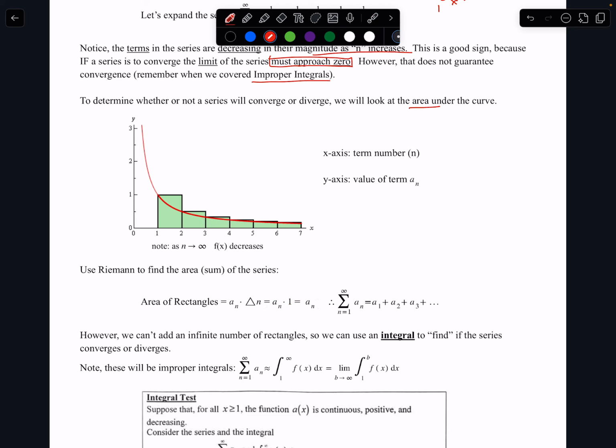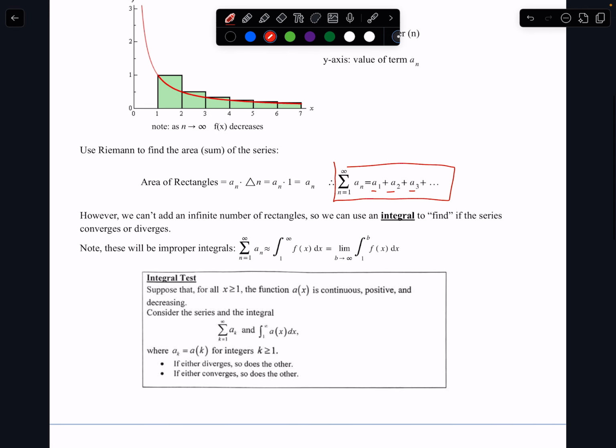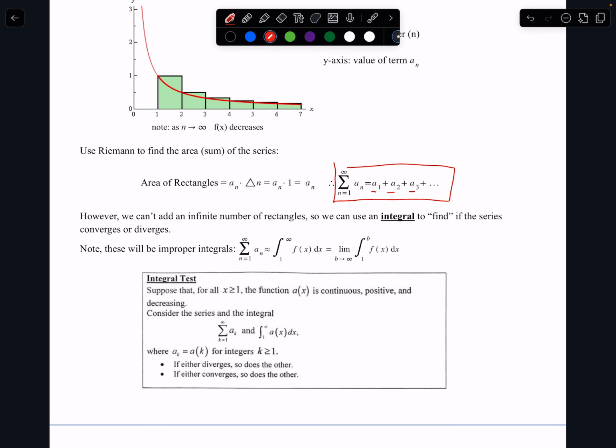That's really how we get our series equation: if we let n go from 1 to infinity, we get our first term plus our second term plus our third term. However, as we talked about in my previous video, we cannot add an infinite number of rectangles.